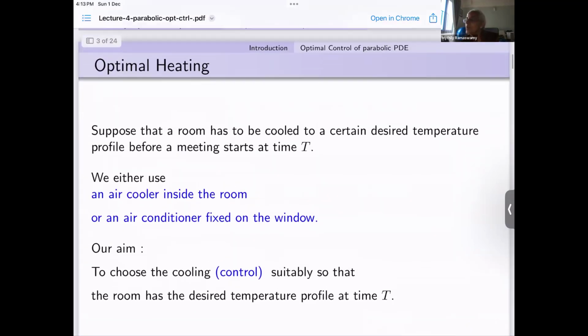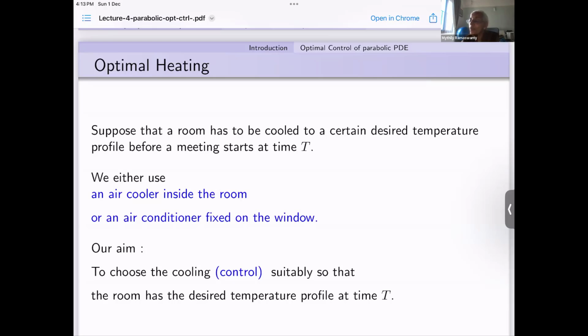Suppose a room has to be cooled. Today it's very cold here already. Let me say the room is to be heated to a certain desired temperature profile before a meeting starts at time t. We could either use an air cooler inside the room or an air conditioner fixed on the window.